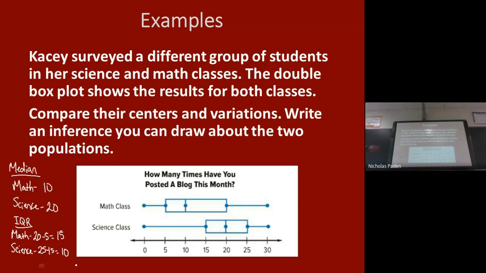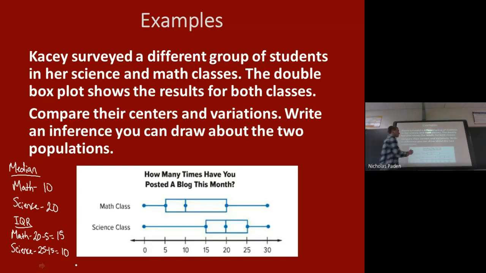Okay. And then write an inference you can draw about the two populations. What I would say is look at where the science class box is versus the math class. The science class's box is a little bit higher than the math class's box. And that shows in the median, which is 20, and the IQR because science is smaller, which means their box is smaller, which means all the numbers are closer together.